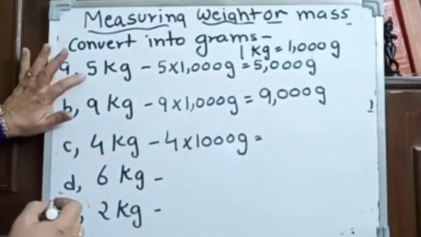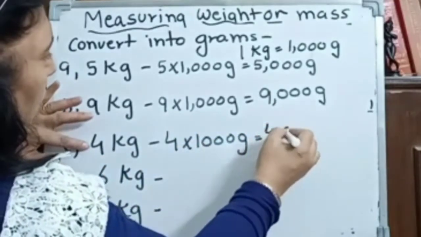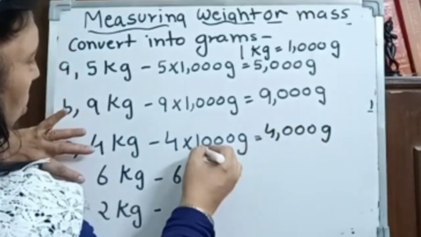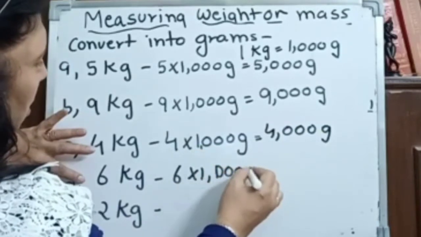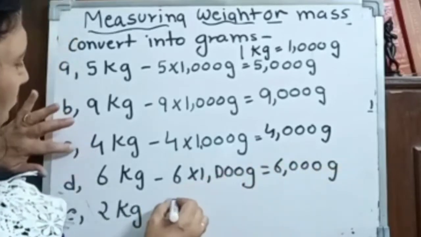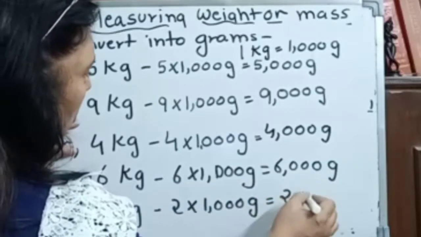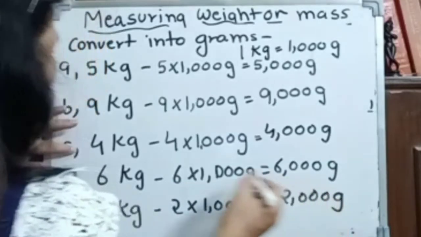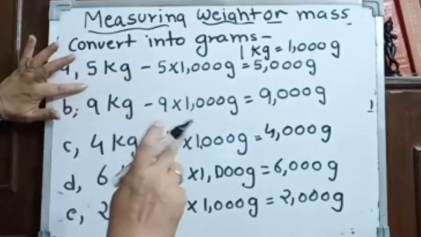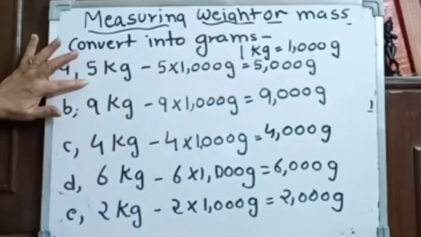If we have only one single number, you can do it like that also: 4000 gram. 6 kg, 6 into 1000, 6000 gram. 2 kg, 2 into 1000 gram, so we have 2000 gram. Whenever we have simple, small numbers, we will do it like that. When we have joint units, then we have to add the units.